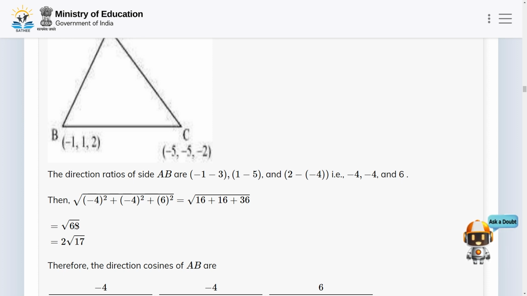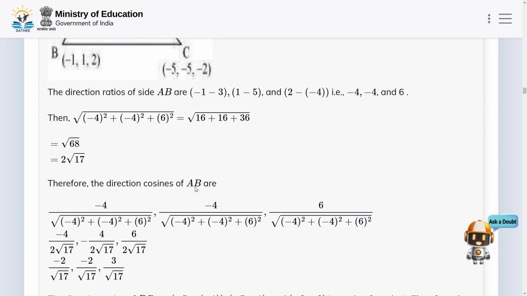You will have root 68, which means 2 root 17. Then you can easily find the direction cosines of AB. In order to find the direction cosines, you must know these direction ratios and this value.